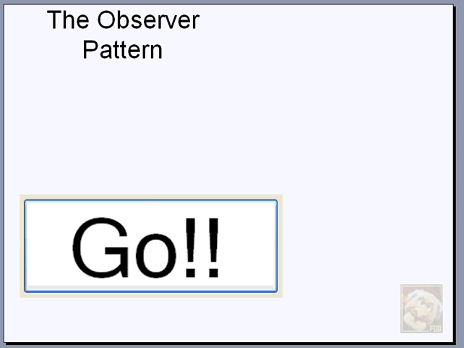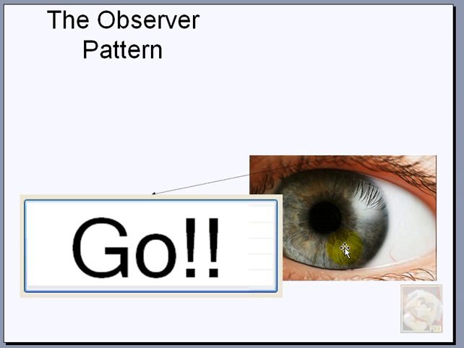Let's look at this graphically. So here we have some button we just drew, and well, the button is waiting, but at the same time somebody's watching. So as long as I don't click on the button, this person or object will say nothing.